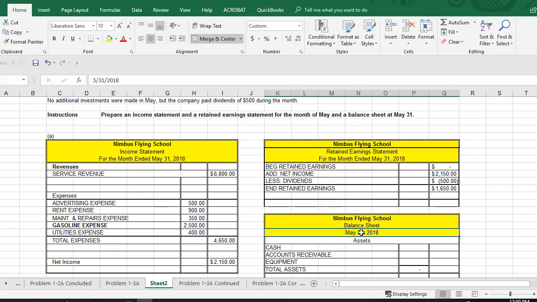The balance sheet shows a specific date. These are the account balances on May 31st of 2018. The balance sheet has three categories: assets, liabilities, and stockholders' equity. These are the same three categories listed on the accounting equation.